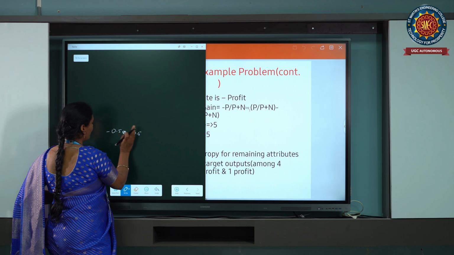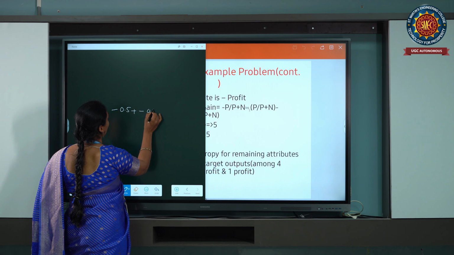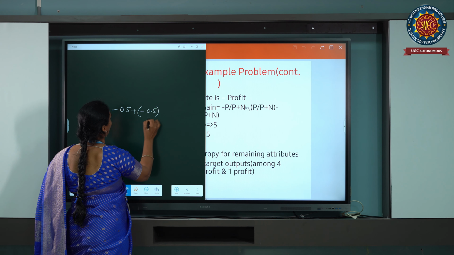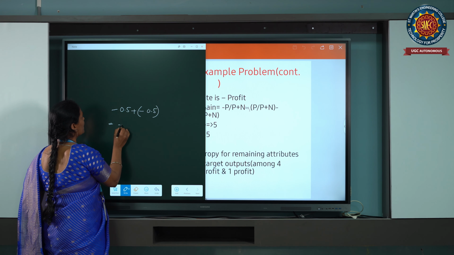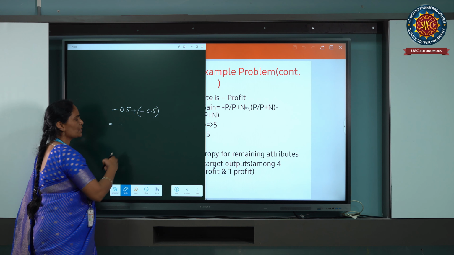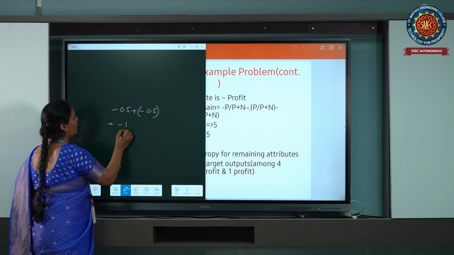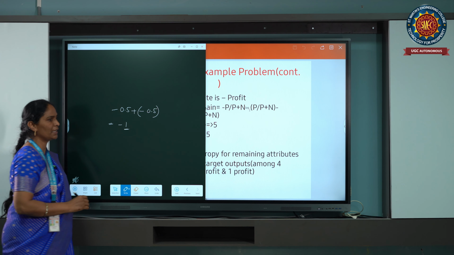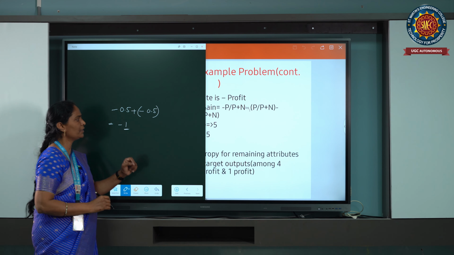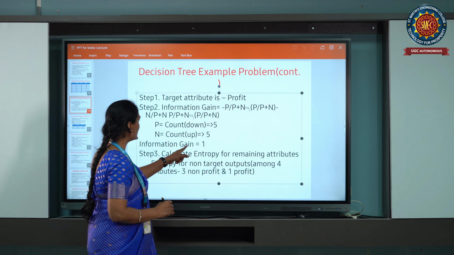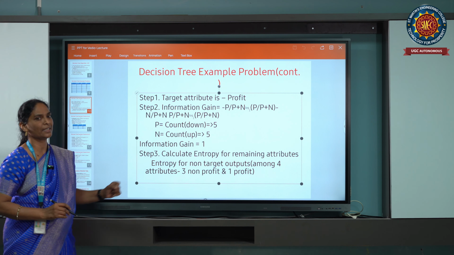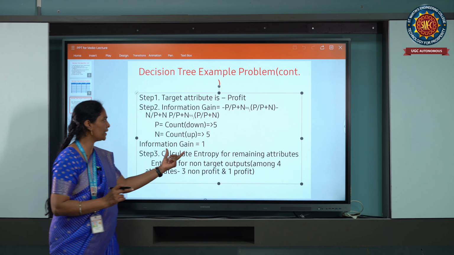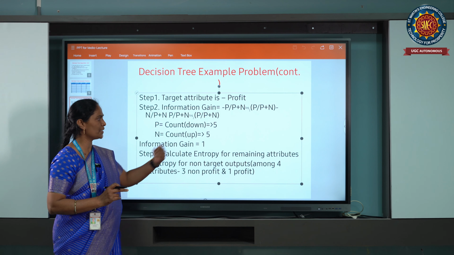So we will get minus of 0.5 plus minus of 0.5, which is minus of 1 value here. So the information gain we will get is the 1 value here. So we can neglect the 1 value, whichever it is, the value is in squared value.